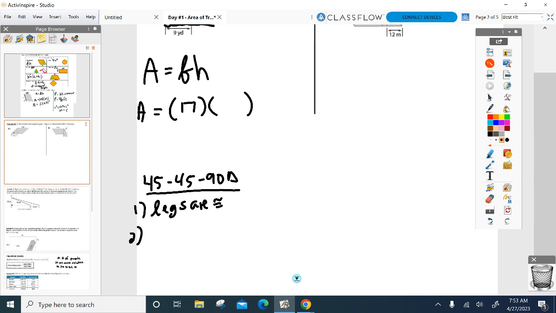And anybody want to take a stab at remembering how to find the hypotenuse of a 45, 45, 90? What do I need to do to the leg? It's a leg. Good job, Elio. Times radical 2. Perfect. Great work. Leg times radical 2.